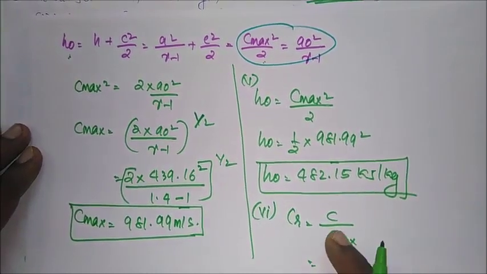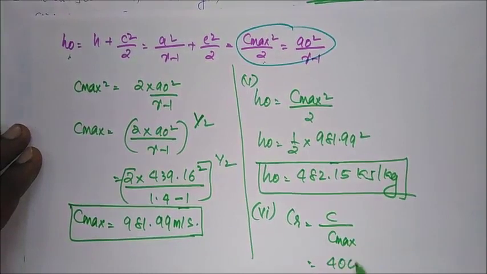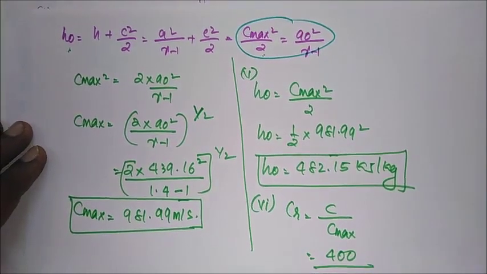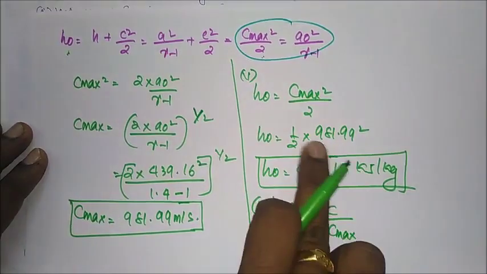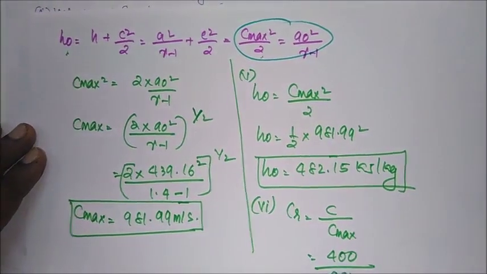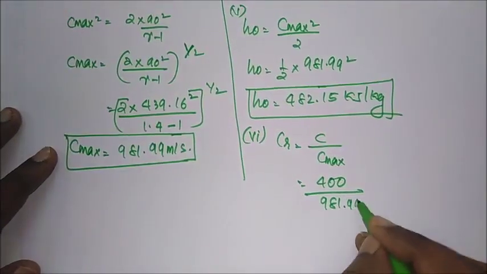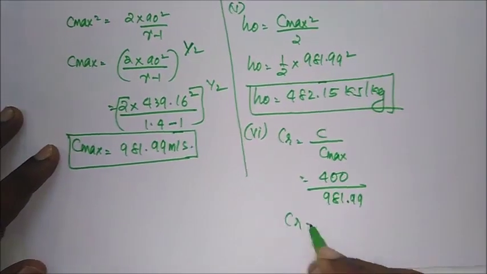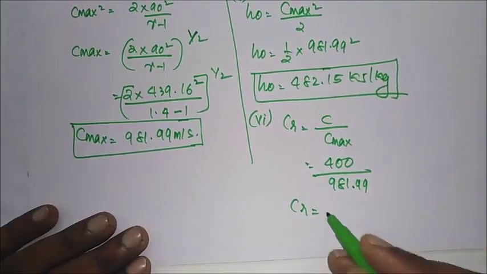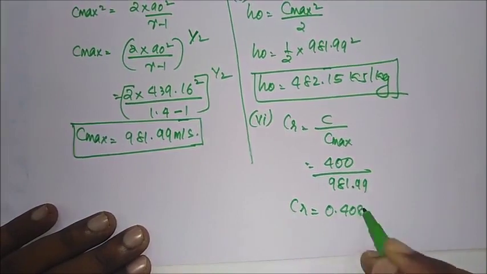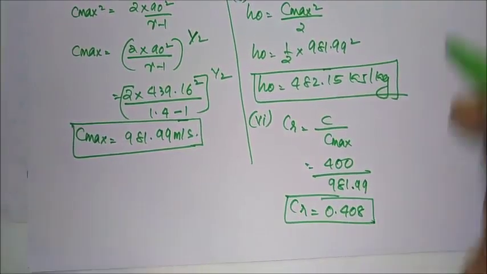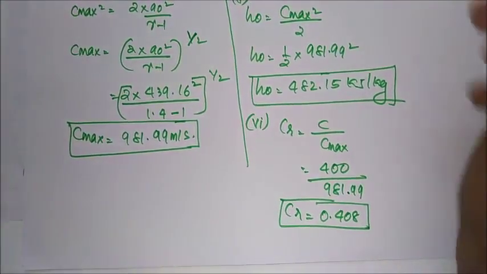The fluid velocity is 400, divided by the maximum attainable fluid velocity c max, which is 981.99. That is CR approximately 0.408.